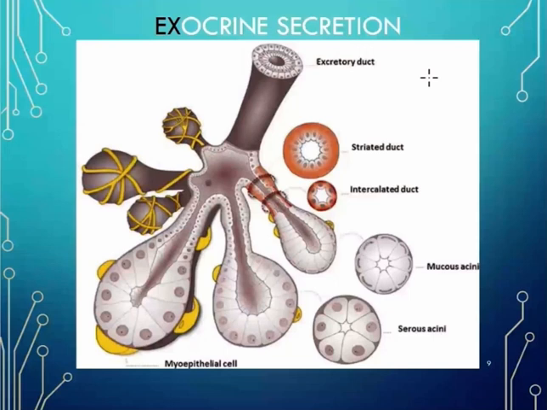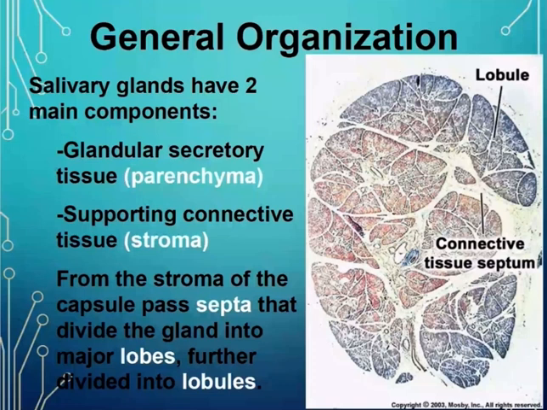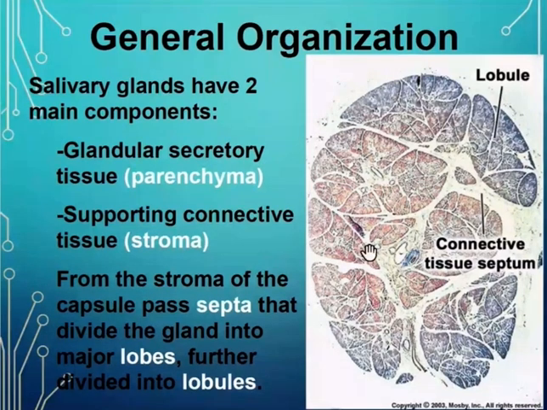Now, if you want to say what's the general organization, first we have something called the glandular parenchyma, or the secretory tissue, and we have always supporting tissue surrounding them, the connective tissue, or what we call stroma. The glandular secretory tissue and the supporting connective tissue form the stroma of the capsule surrounding the major glands.